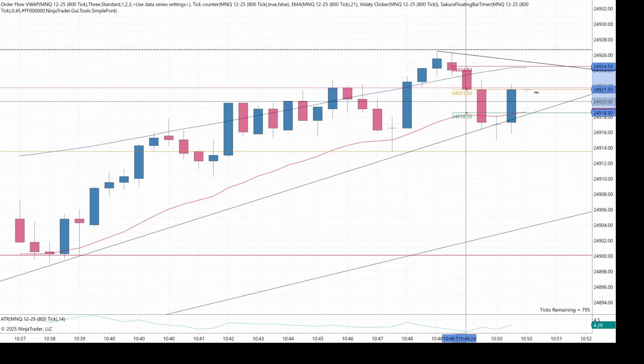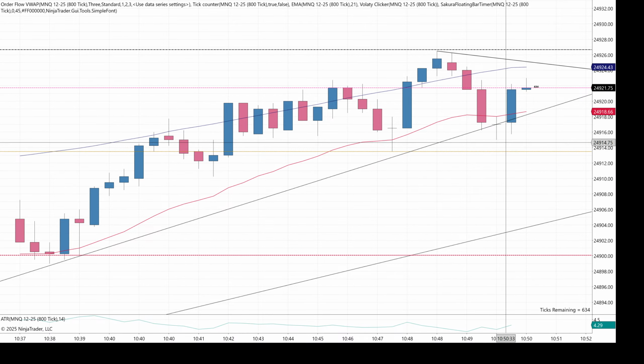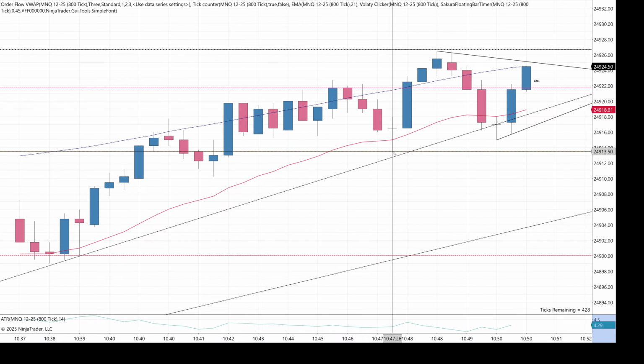All right, the runner's been taken out. We do have this trend line here, and we have this trend line here.